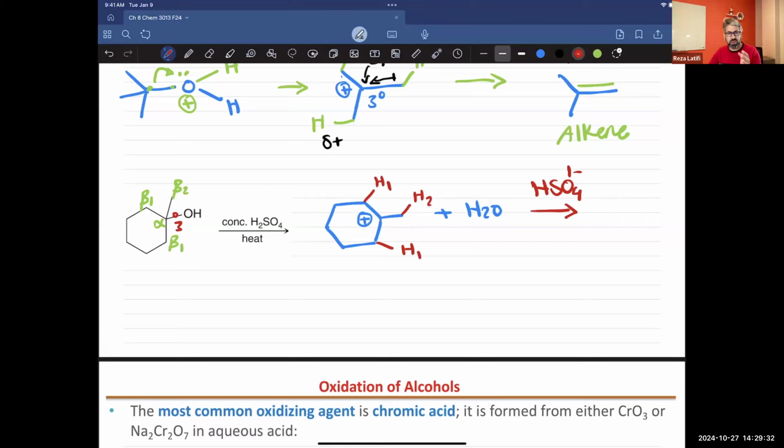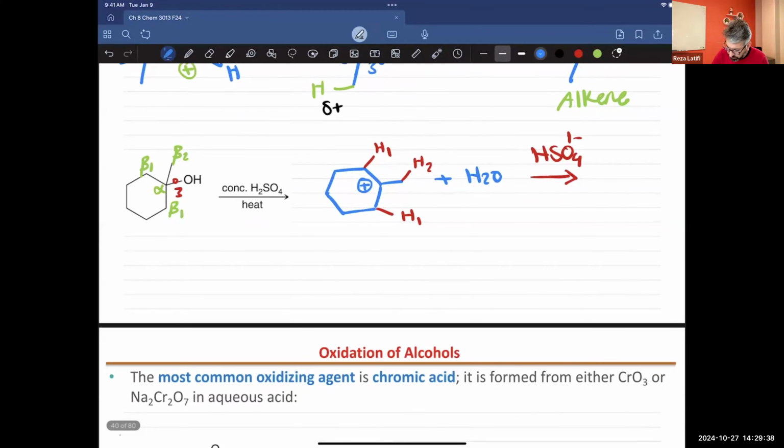If we go after any of the beta 1 hydrogens, the product will be something like this. So if we go after beta 1, the product will be this. And if we go after beta 2, then the product will be this compound.